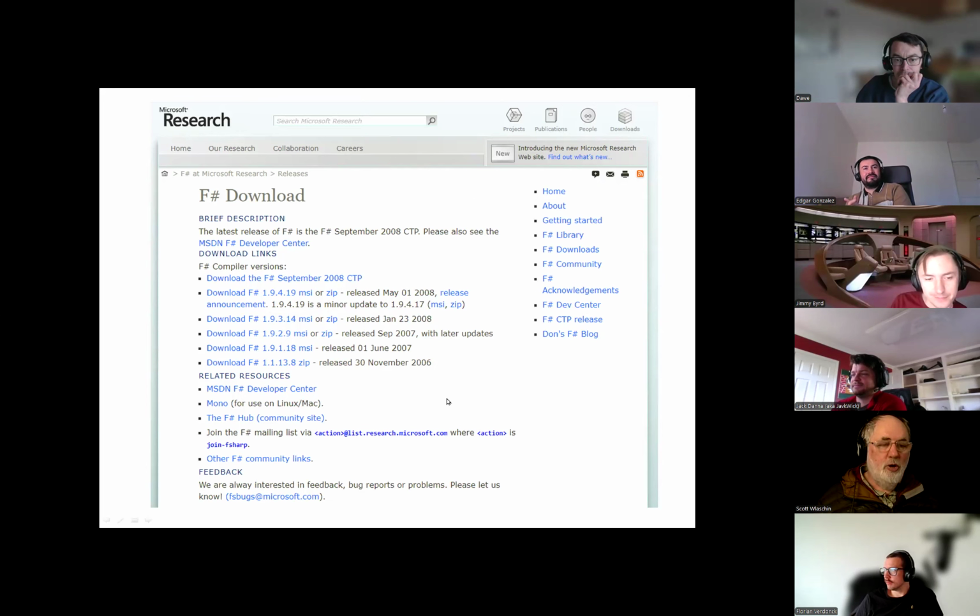What's amazing is that F# has not changed that much. There were a couple of things in the next version, but one of the things I love about F# is that it doesn't change a lot. Code you wrote 15 years ago is still readable. C# is the exact opposite.